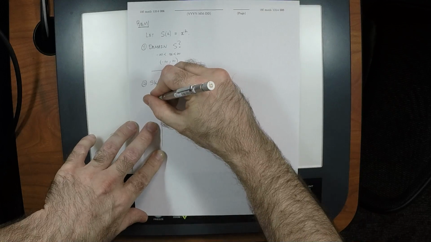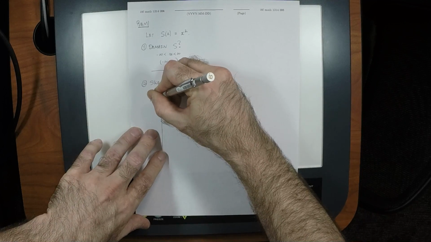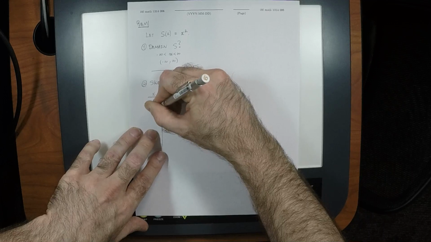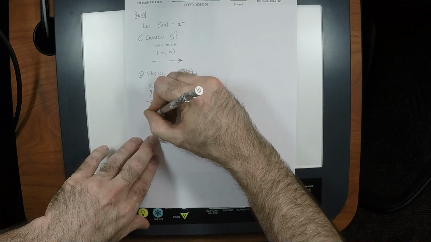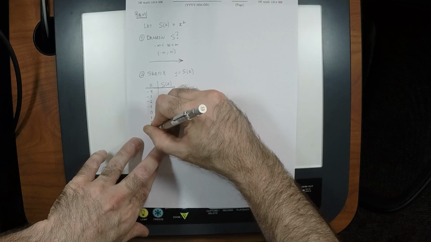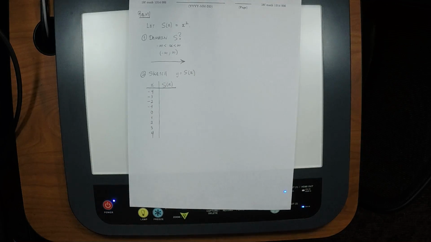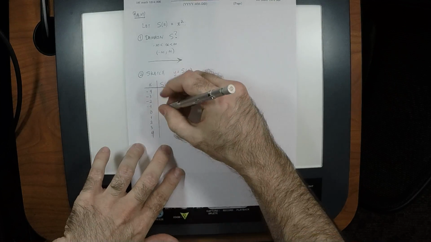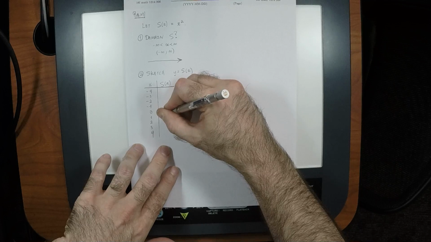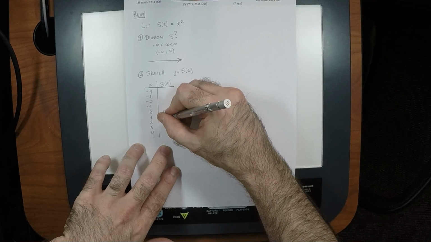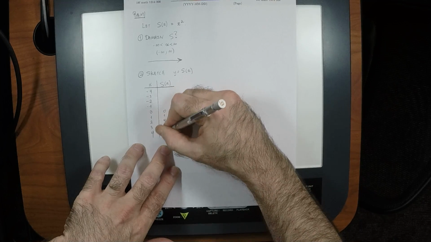How about I'll do -4, -3, -2, -1, 0, 1, 2, 3, 4. Okay, so then squaring, 0 squared gives 0. 1 squared is 1. 2 squared is 4, and then 9, and then 16.